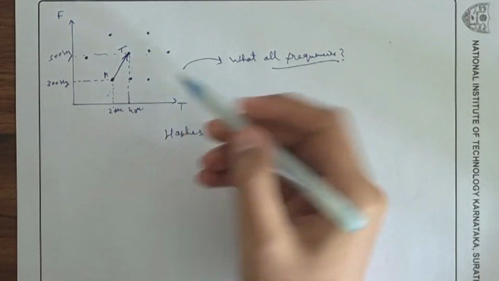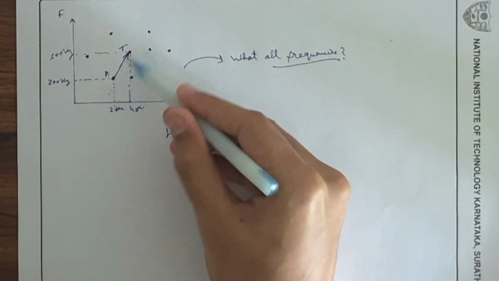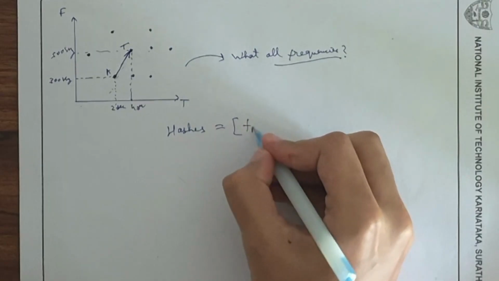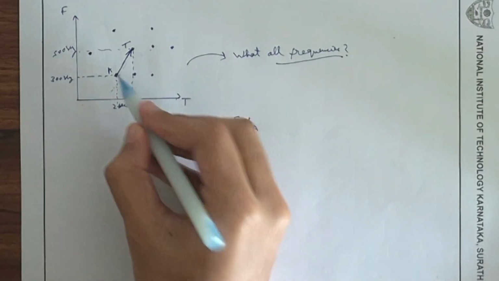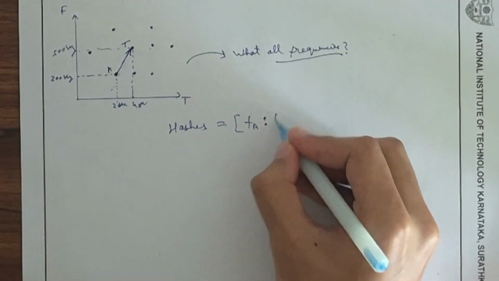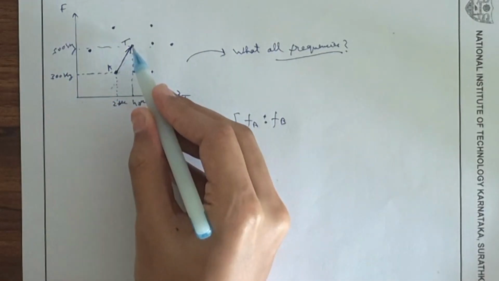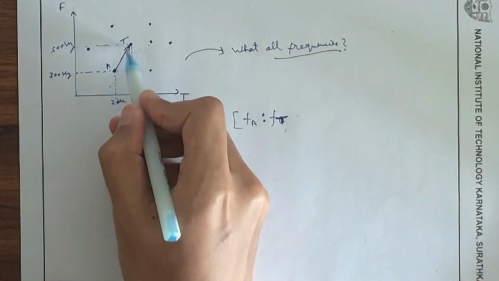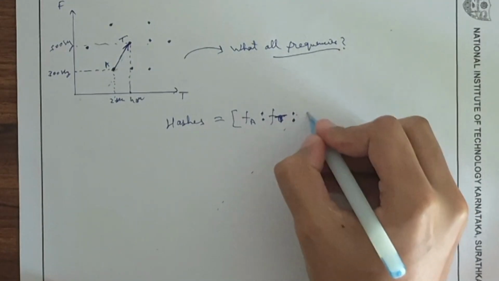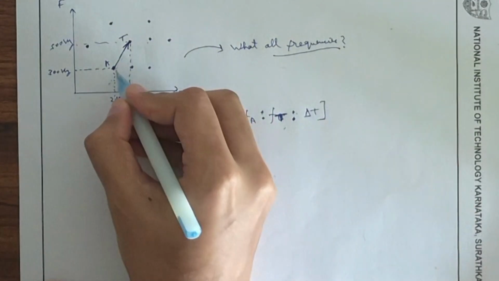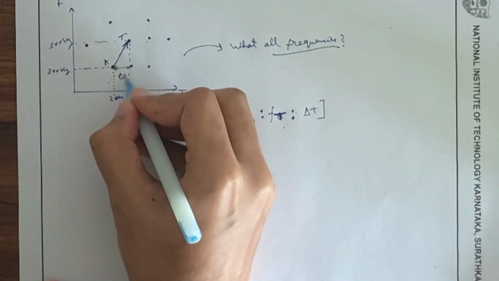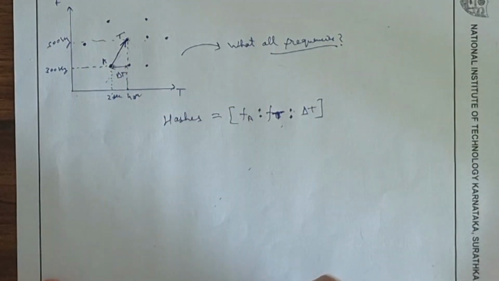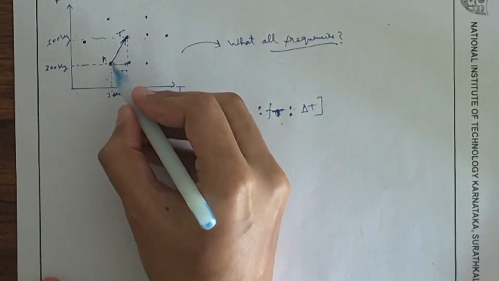Let's say we were to write the hash of these two points. It will be like FA, which is the frequency of the anchor point. Then we'll write FT, which is the frequency of the target point, and delta T, which is the time spacing between these two, like after how much time this point is occurring, relative to this point, basically.